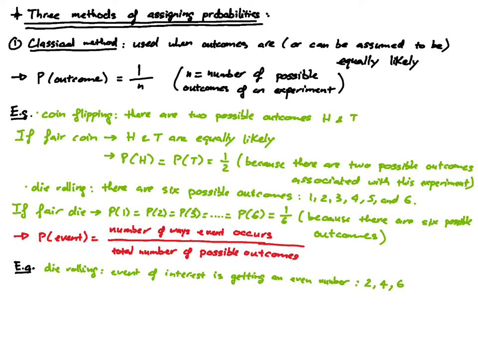Now recall from the previous video, we said that the probability of an event is the sum of the probabilities of the sample points associated with that event.